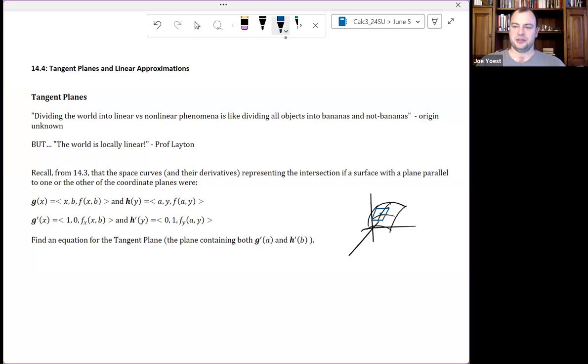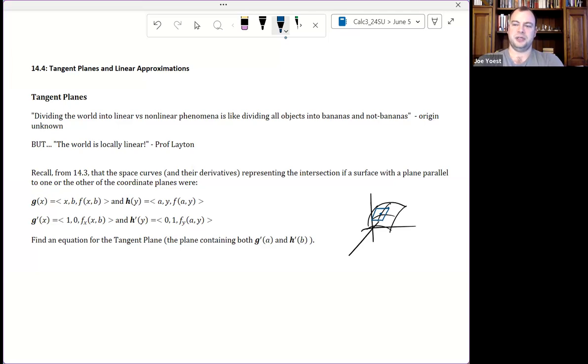Now, the plane isn't the same thing as the surface, but I can understand the plane much more easily than a complicated surface. If I vary my input a little bit, instead of asking how does that vary the output along the surface, which is quite a complicated question to answer, I could ask how does that vary the output along the plane, the tangent plane, and that's a much simpler answer to give.